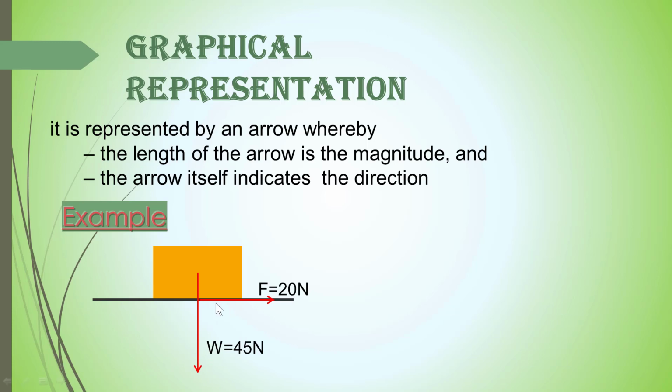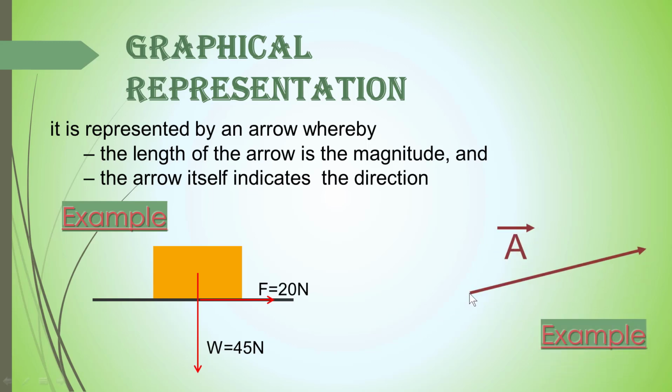This force is representing, you can say, the length of this arrow is representing the magnitude, and the arrow itself is representing the direction. So we can say that a vector can be represented graphically by using an arrow: the length of the arrow is the magnitude, and the direction of the arrow is the direction of the quantity which we are using.